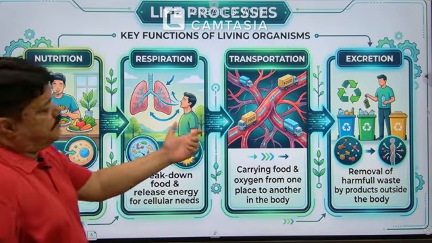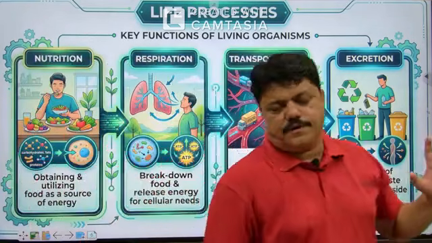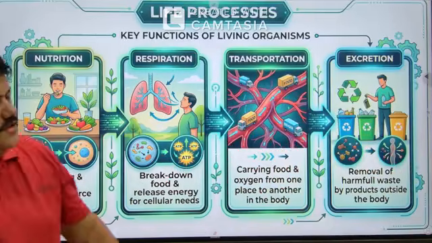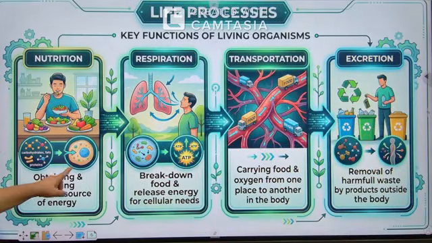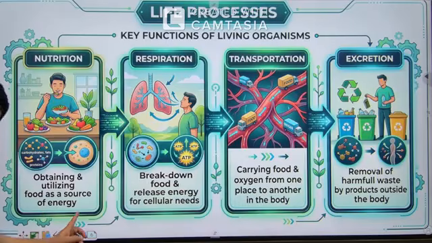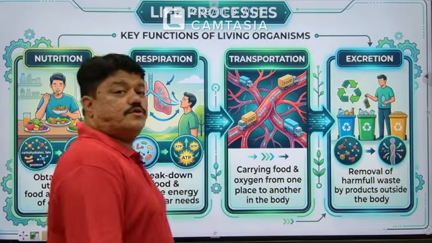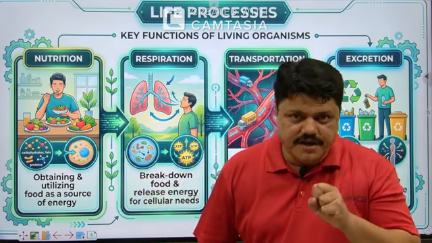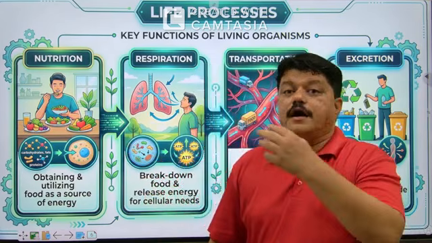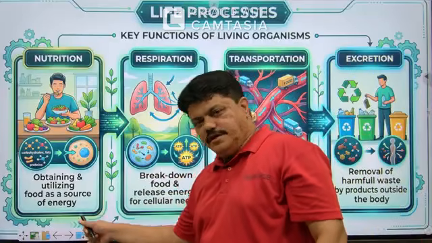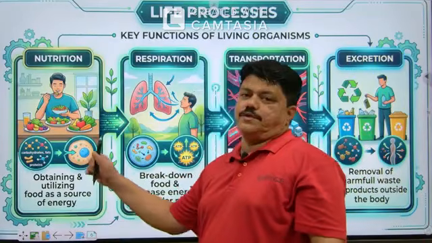Let's first look at the 4 processes in a general way. What is nutrition? In simpler terms, obtaining and utilizing food as a source of energy. Our source of energy is food. How an organism obtains its food and how it utilizes it within the body for energy purposes is called nutrition.